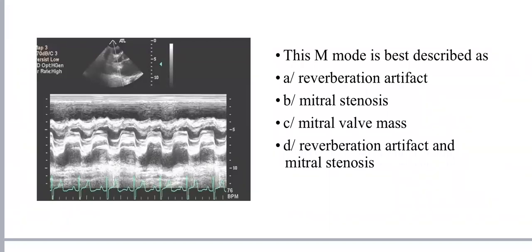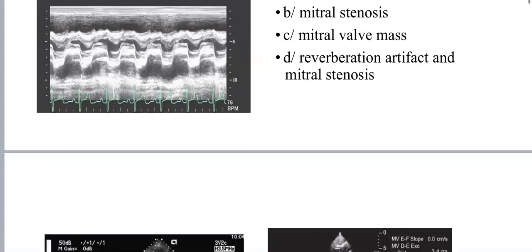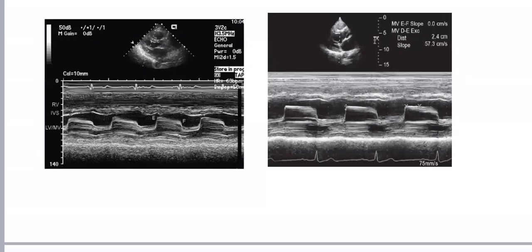So that's actually the mitral stenosis with calcification with reverberation artifact. Sometimes you get it crispy like this one. This is again mitral stenosis with less of calcium and less of reverberation. Meaning the one on the left has more reverberation than the one on the right.